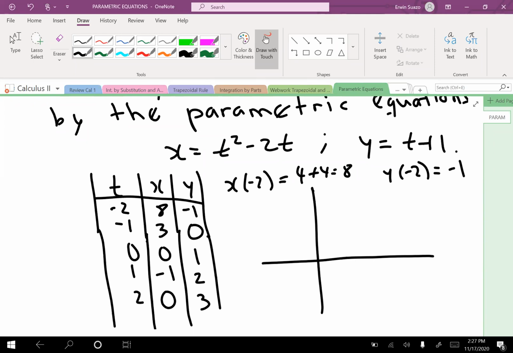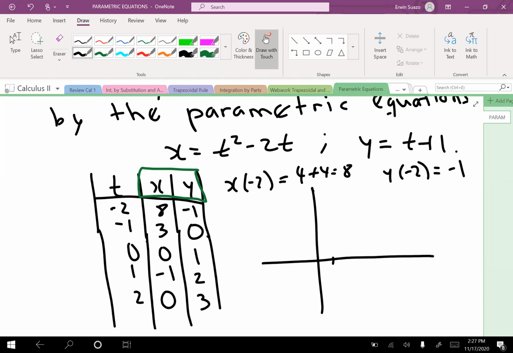Now, to graph, you forget about the t and only use these two, x and y, like you used to do in pre-calculus. So x of -2 is -1.